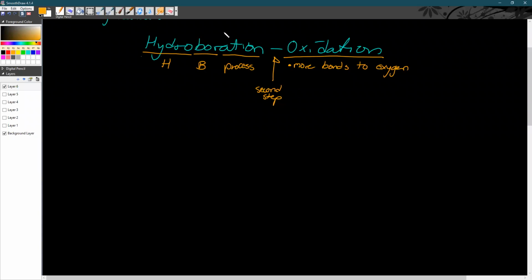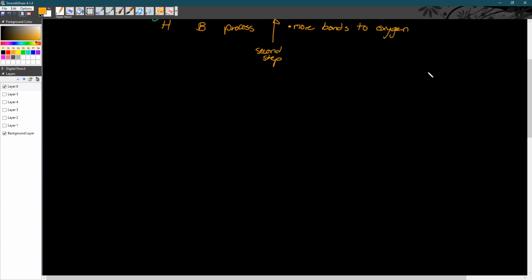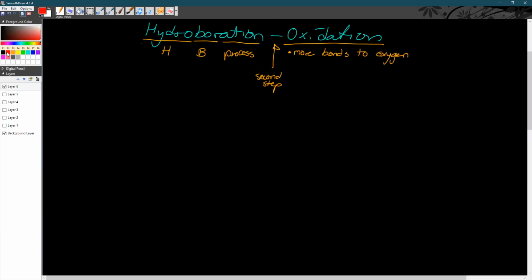All right. So what's the overall reaction? Well, we're doing this hydrogen boron process. Then we're letting it react completely, and then we're going to do this oxidation process where we're adding more bonds to oxygen. Okay. Let's take a look at the generalized reaction. I'm just going to erase this so I have more room.